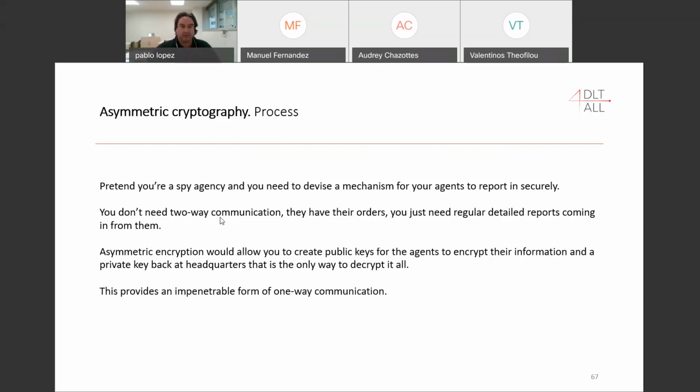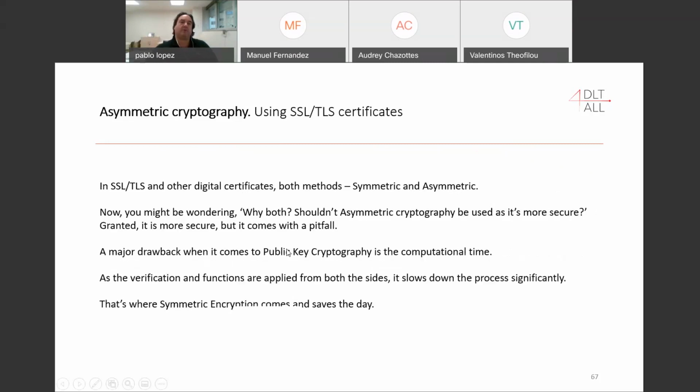Okay, let's continue with the presentation about more kinds of these certificates, or these public and private keys. Yesterday we talked about the SSL and TLS certificates. Both of them use symmetric and asymmetric cryptography.